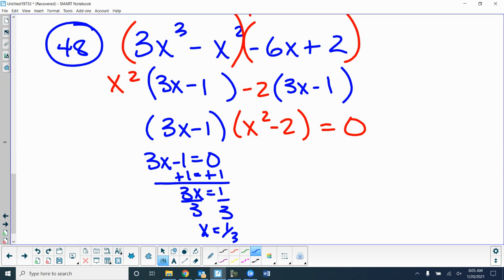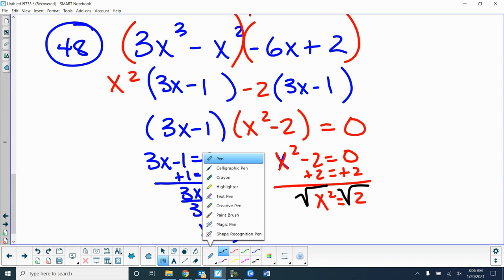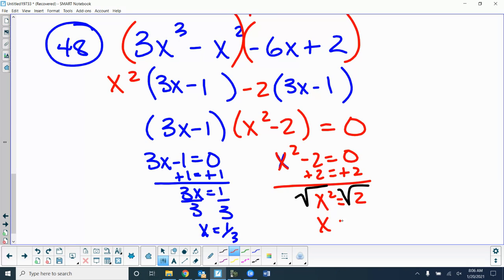And then for the x squared minus 2, we're going to add the 2. And then do what? What do I do to finish that one up? Square root, thank you. So we're going to square root both sides. Now when we do the square root, remember, we have to do the plus or minus.